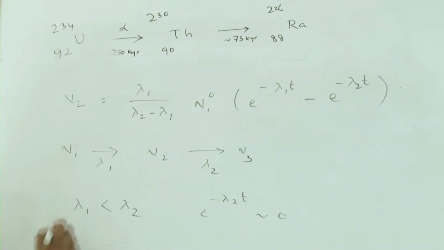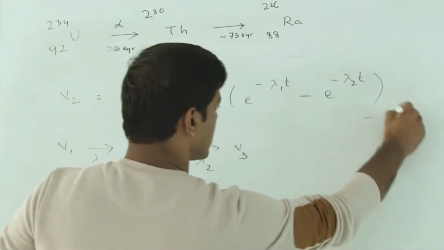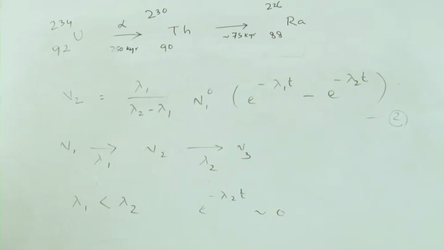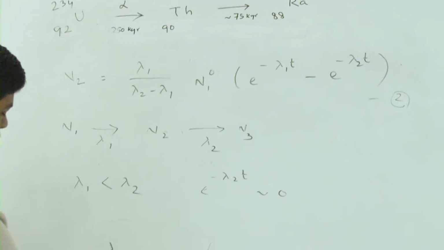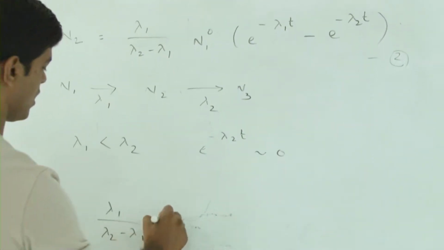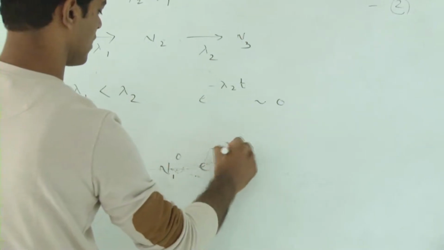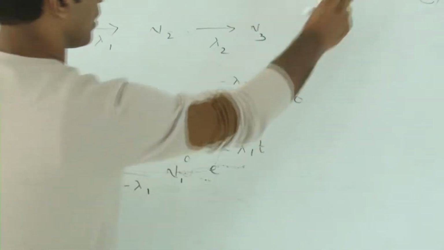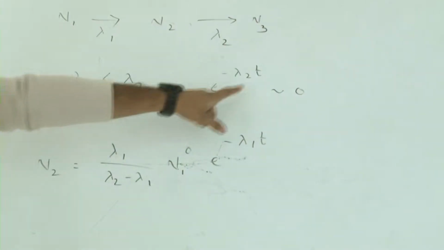And if you put this in our equation 2, N2 will be lambda 1 divided by lambda 2 minus lambda 1 times N1 0 e to the power minus lambda 1 T, and your lambda 2 T term is approximated to 0.